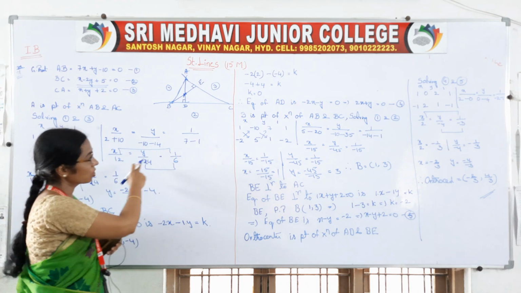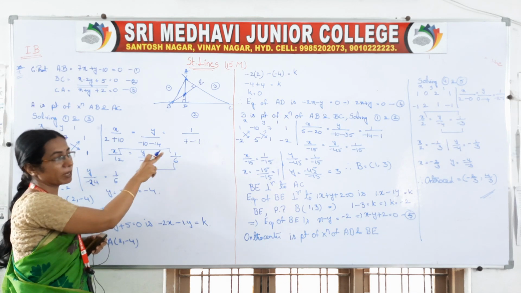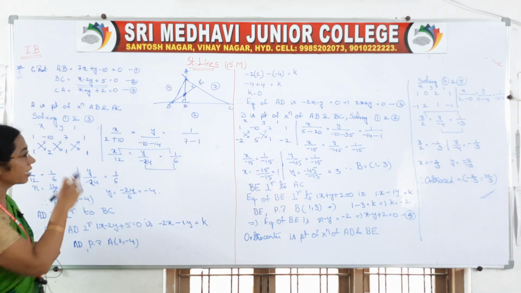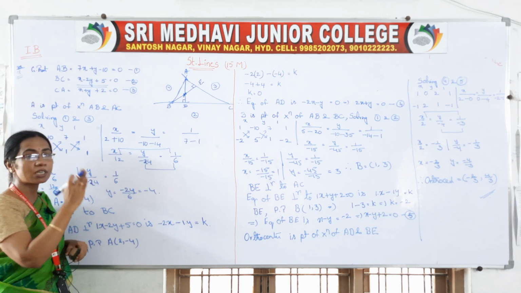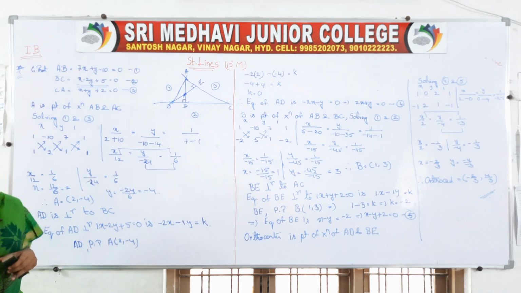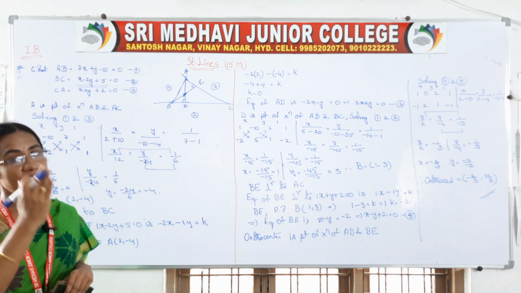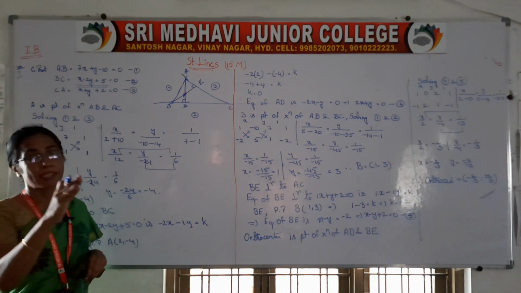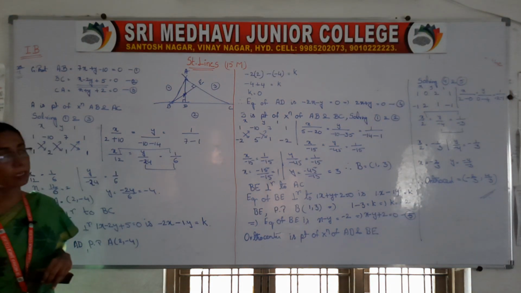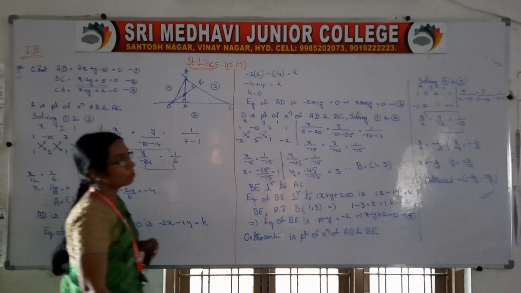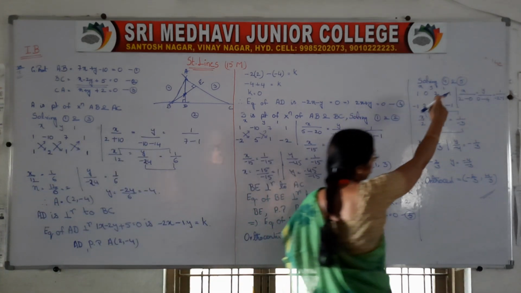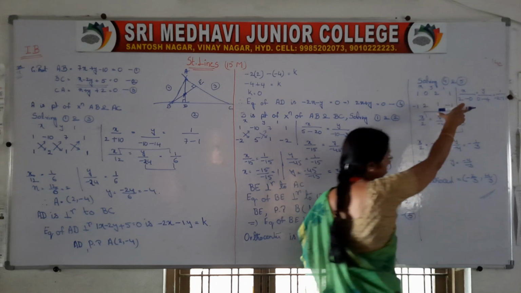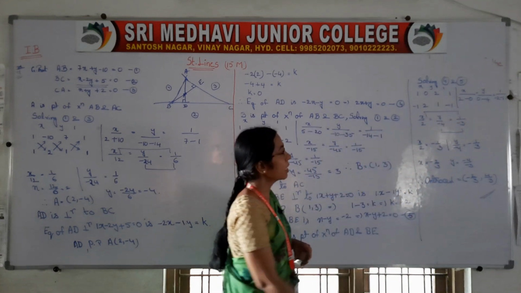Three times we used this cross multiplication method, so be clear with it. While taking the cross multiplication method, first y coefficient, then constant, then x coefficient, then y coefficient we have to take. Find out the point of intersection of 4 and 5 again by using cross multiplication method.